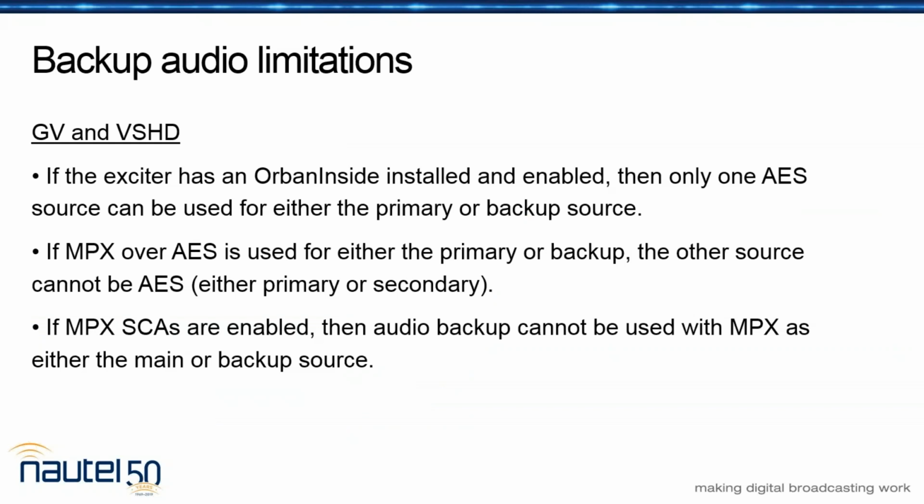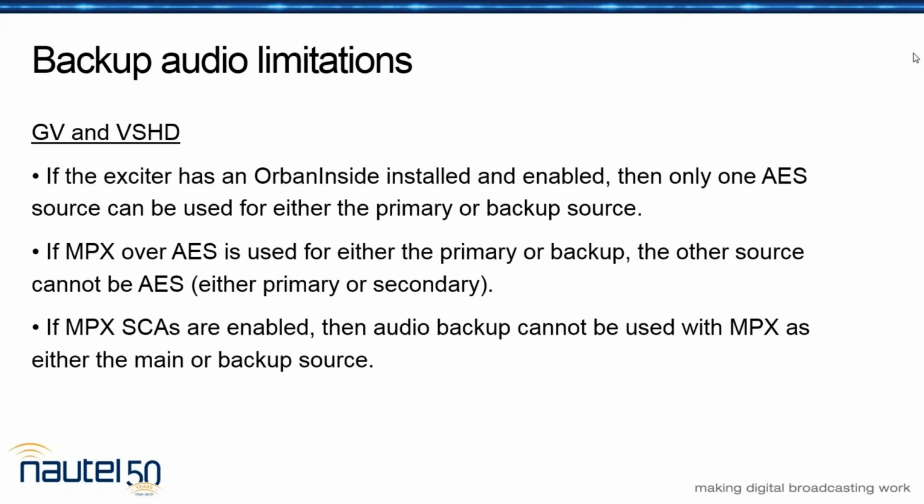Now, there are some limitations when we're talking about the auto switchback of the audio. For the GV and the VS-HD transmitters, if you're using an Orban card, then only one AES source can be used. So, for example, you can't use an AES input as the main and streaming audio as a backup, because they're both AES in the transmitter.